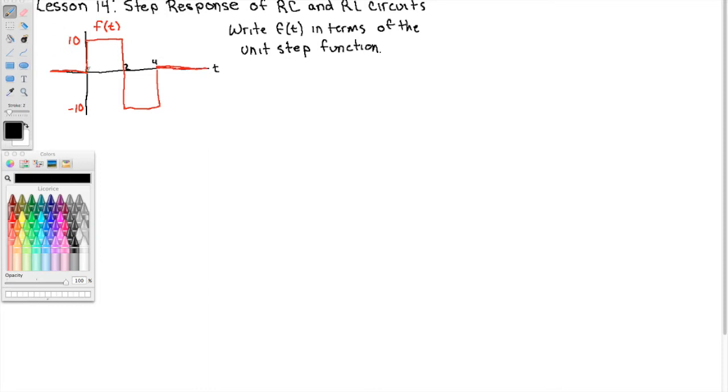So f of t equals, we have a jump at 0. So that's an unshifted unit step, a jump at 0, but it jumps from 0 to 10. So we'll start with just 10 times the unit step.